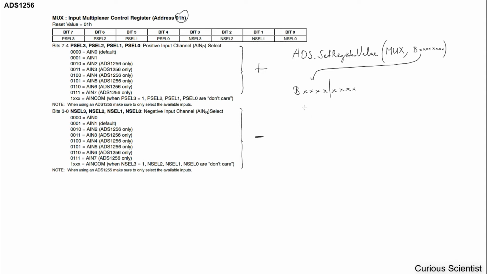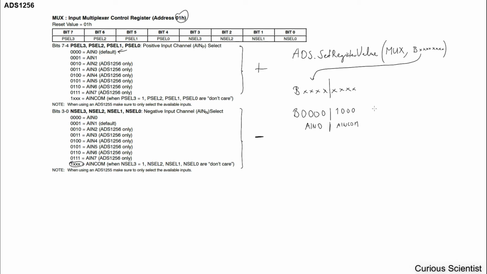So for example, let's say that we write 0 0 0 0, let's make it all 0, and then the last 4 is 1 0 0 0. So what we see here is that AIN0, so this guy here is this, and then here the 1 0 0 0 is this here, so this is the AIN COM.